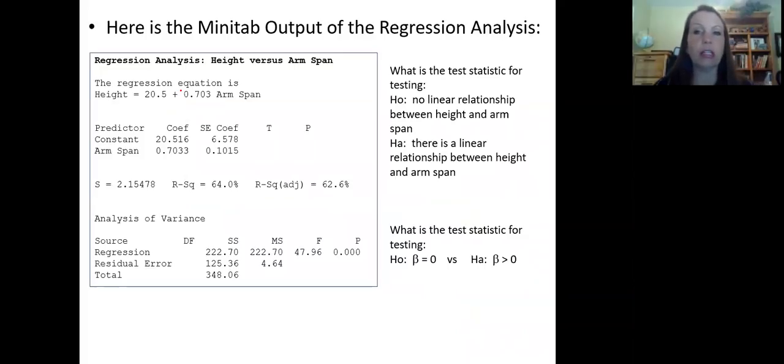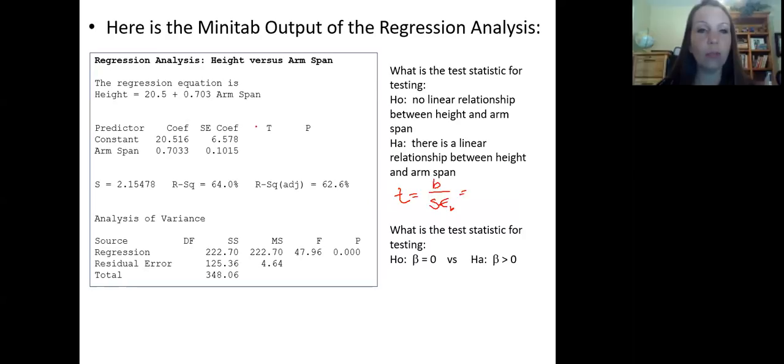All right, next question. What is the test statistic for testing the null hypothesis, no linear relationship between height and arm span, versus the alternative that there is a linear relationship between height and arm span? This question is answered by a t statistic. T is equal to b divided by the standard error of b.